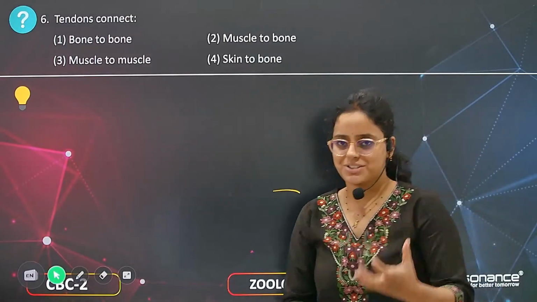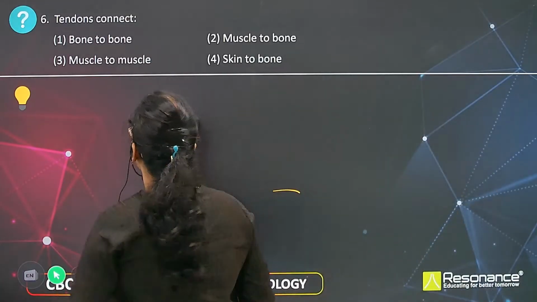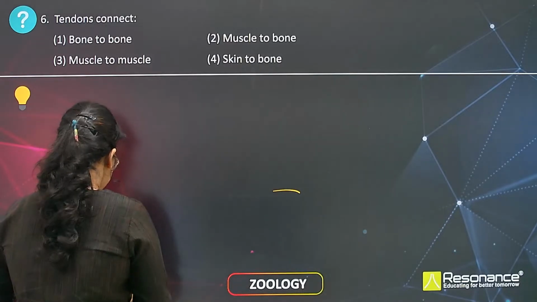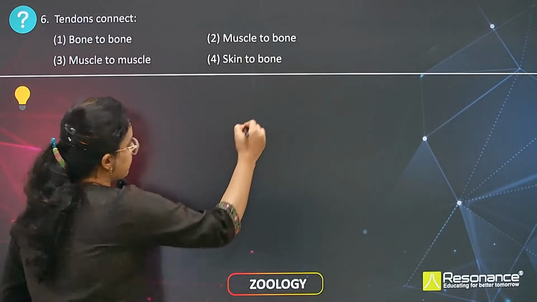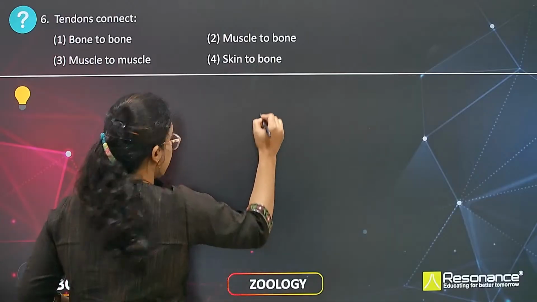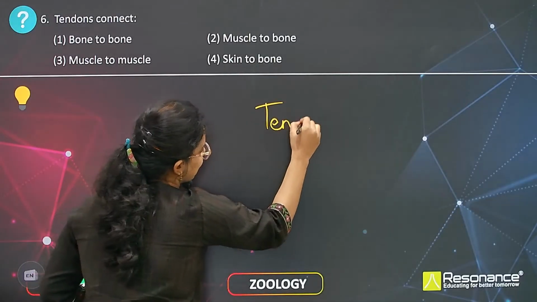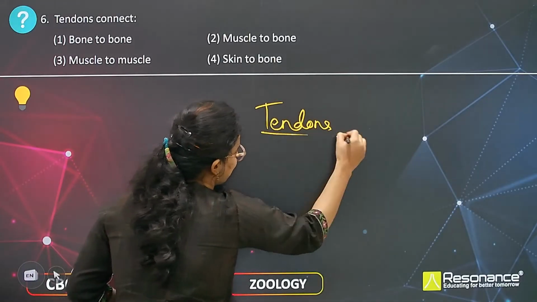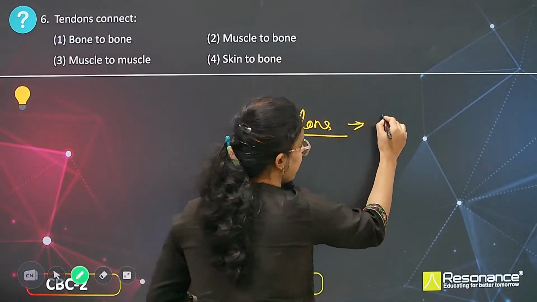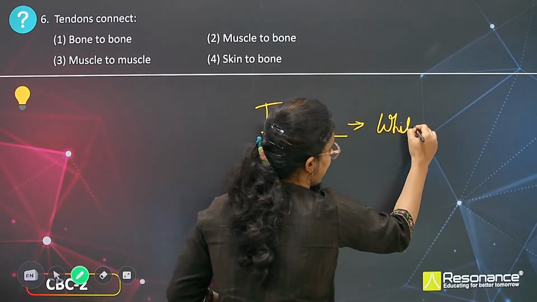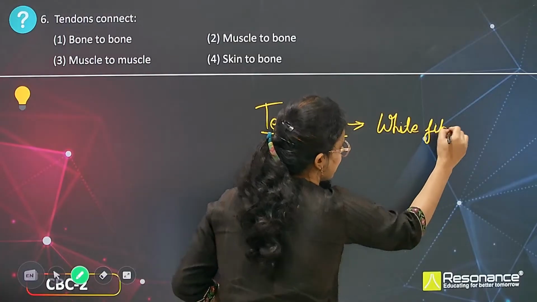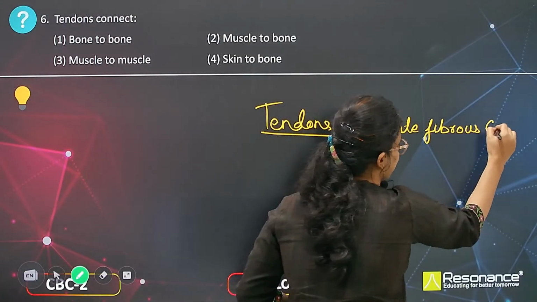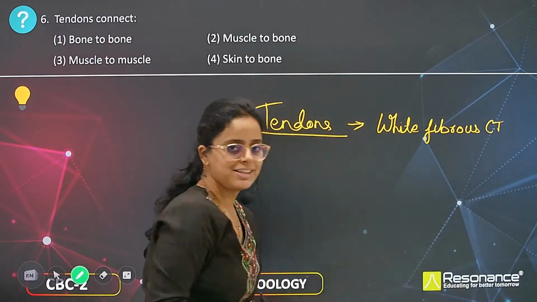Tendons connect. Just now we have discussed, tendons are basically connecting tissues. They are made up of white fibrous connective tissue, right?